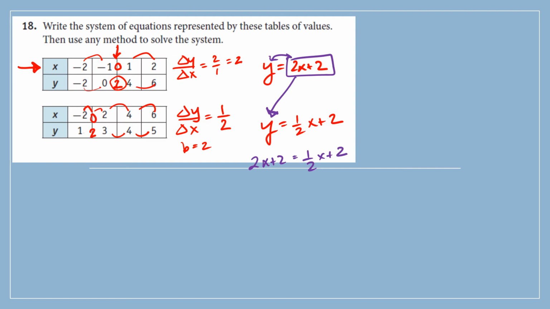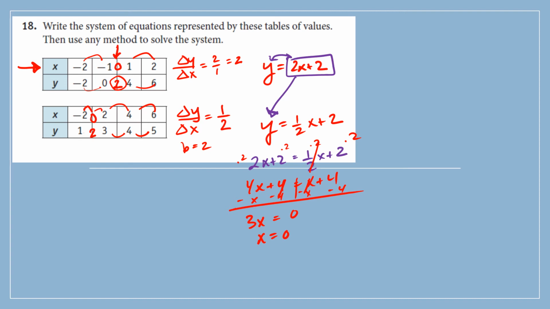And if I wanted to clear my fractions, this wouldn't be too bad of a fraction to deal with, but I can multiply everything by 2 so I don't even have to. 4x plus 4 equals x plus 4. So then if I minus x and minus 4 to both sides, I would get 3x equals 0, so x equals 0.